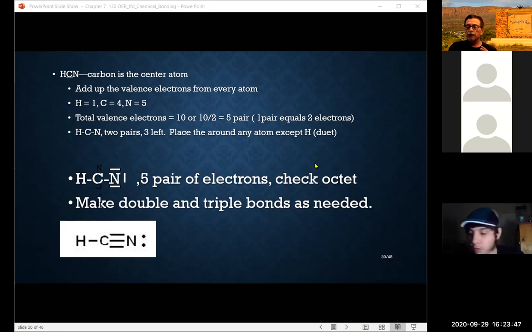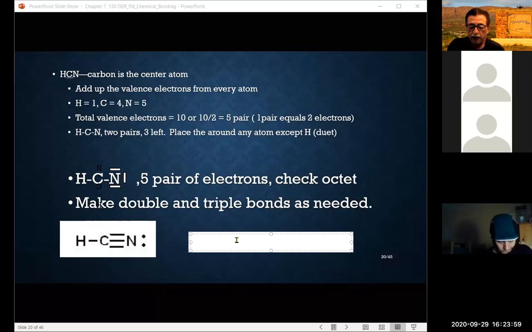Now at this point, you determine the general formula, using the ABE notation. And A is always there because that's the central atom. And B is the number of atoms bonded to the central atom, be it the same atom or a different atom.